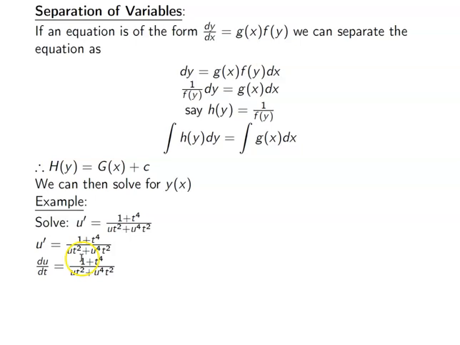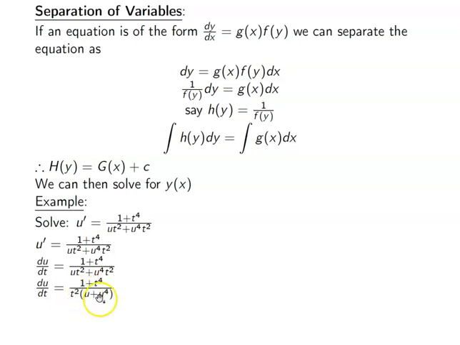Okay, so we'll first start with our function. I would rewrite this again as du dt. Then I want to try to separate this stuff. Okay, in the denominator, you can see I have a u in two places, right? I also have a t squared here and a t squared here. So maybe instead of trying to pull out a u on the bottom, I'll pull out a t on the bottom. Okay.